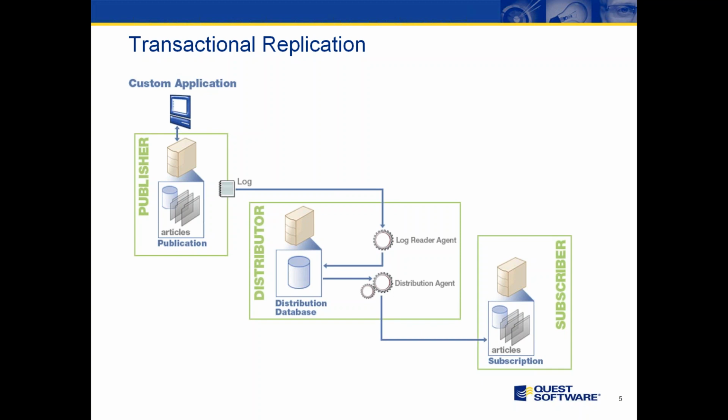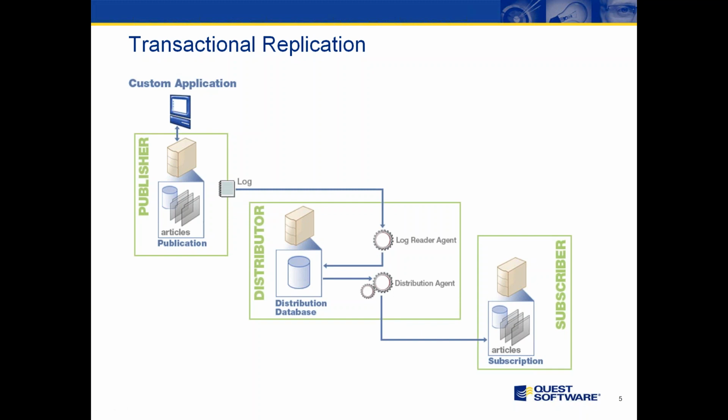Once the snapshot agent takes the initial snapshot and applies it, then the log reader agent, which is a new agent in transactional replication, will read the database log file, that is the database LDF file.